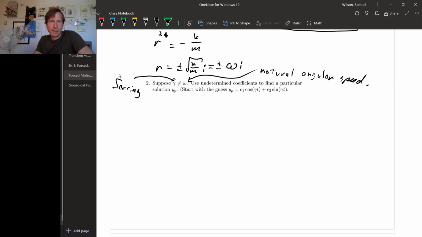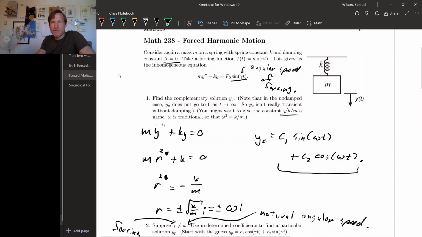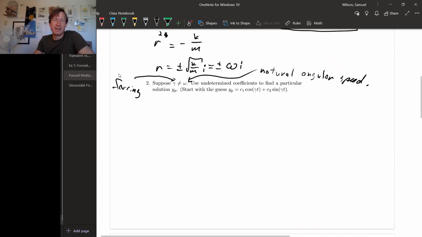If we assume that gamma is not equal to omega, then comparing our forcing to our complementary solution, there's no overlap, because these constants in here aren't the same. So for our particular solution, we can just use sines and cosines with gamma t inside.